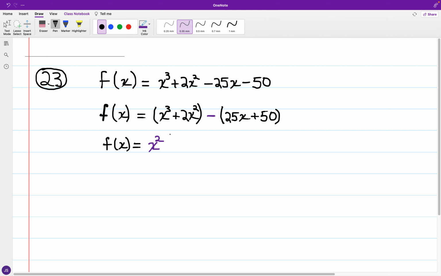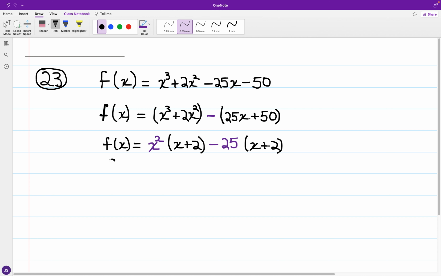Here we have x squared into x cubed plus 2x squared, so this will go x plus 2 times. And upon subtracting between 25x and 50, we're going to place the greatest common factor after the subtraction sign. Between 25x and 50, the greatest common factor is 25, and 25 into 25x plus 50 will also go x plus 2 times.